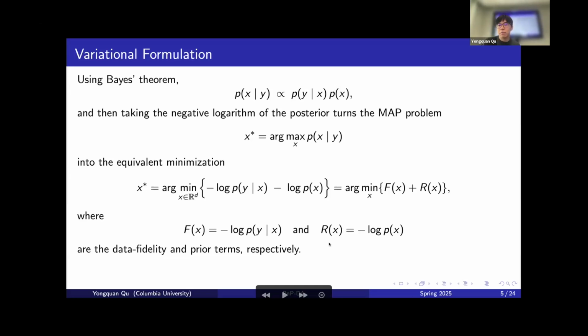But in the minimization problem, this prior acts as a regularization to the original problem, because Y, as we mentioned, is of lower dimension. If you ignore the prior term, it's an ill-conditioned optimization problem, so you have an infinite number of solutions. Here we need a regularizer. If we have some knowledge about the noise in the observation process, we can write down F explicitly, like Gaussian noise or Laplace noise, which is used to model relatively heavy-tailed noise distributions.